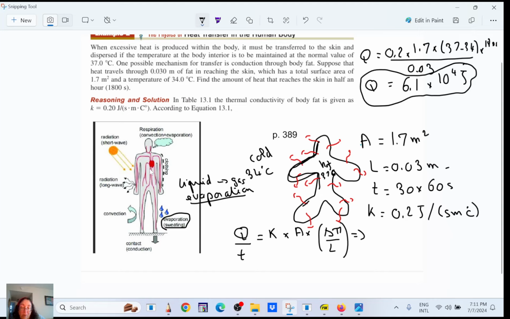The blood is convecting all around, taking the heat to the outside and cooling down everything else. A different way is also through radiation, because we are emitting infrared, and we'll talk about radiation next time.